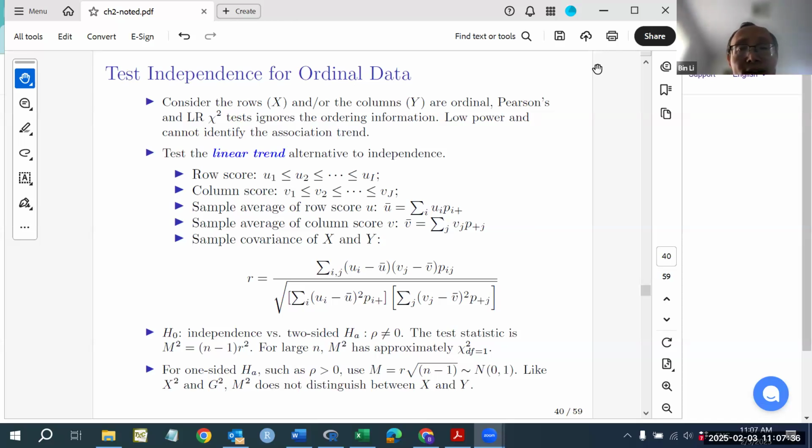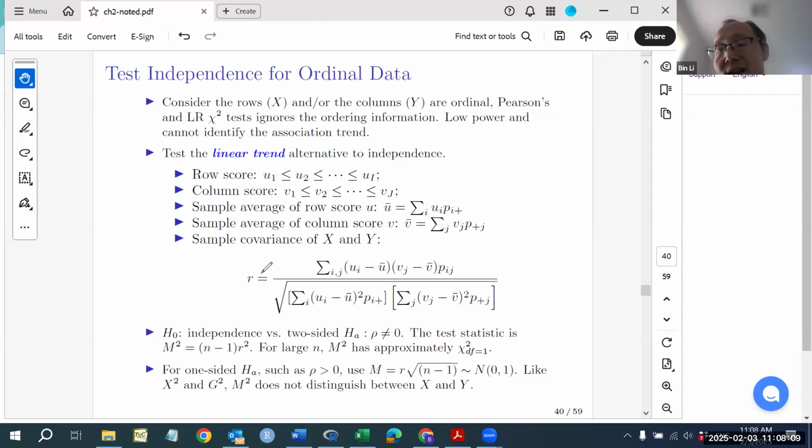Okay, so in hypothesis testing, you need to keep in mind that if the alternative hypothesis is very general, then the power is always very low compared to when the alternative is very specific. Like the likelihood ratio test or Pearson's chi-square test for independence.